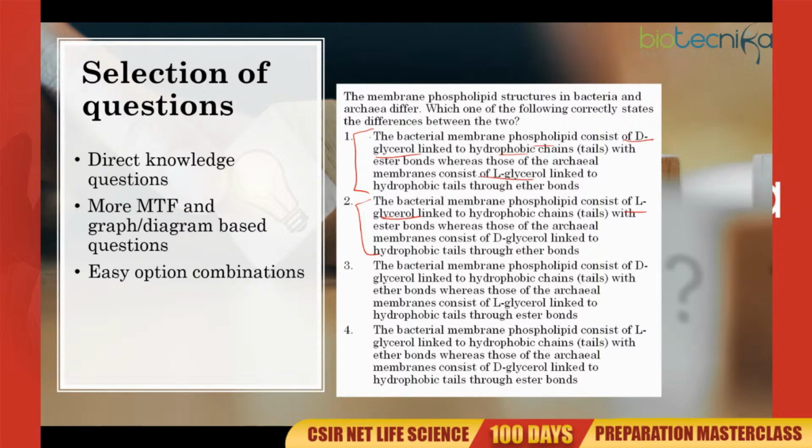Then again L glycerol, D glycerol. Ester bonds, ether bonds, rest everything is same. Opposing statements are very easy to solve, so these are easy combinations. It might look very big, and many students might skip it, but if you correctly know the answer, you can solve it under 1 minute.